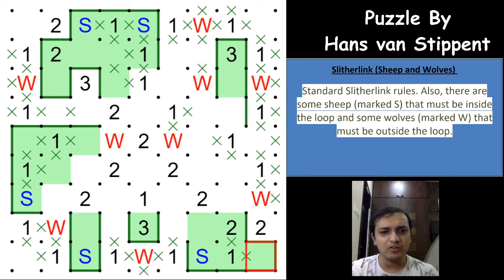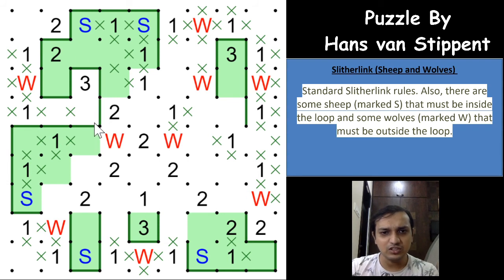You will have to go away from the W if the cell which is inside the loop is near to the W. So if you see this point, if I go down, we are going away from the W, and if I go this way or this way, the W seems to be inside the loop. It is joining to the green cells, right?